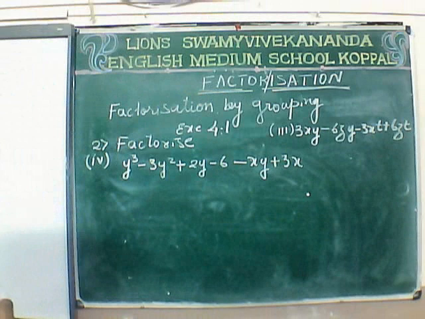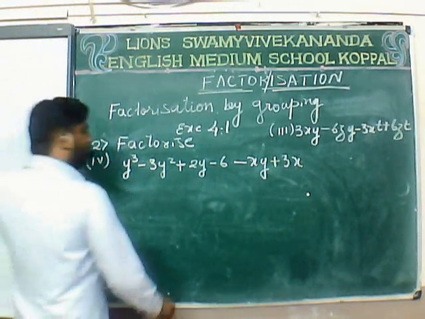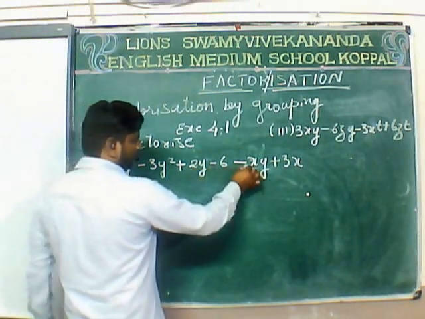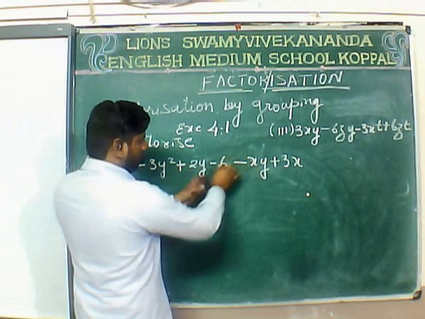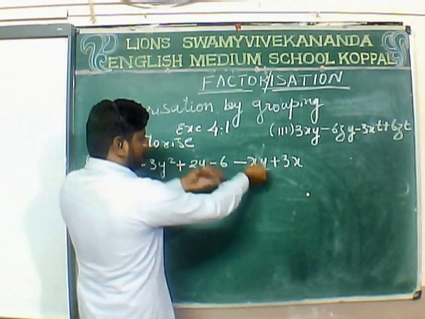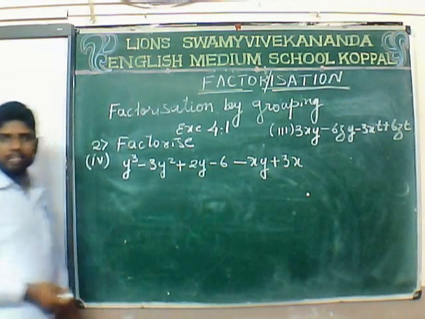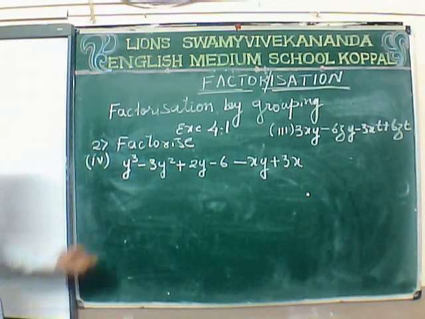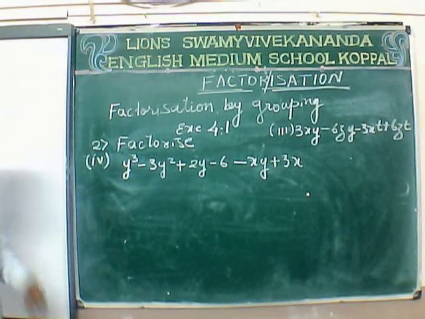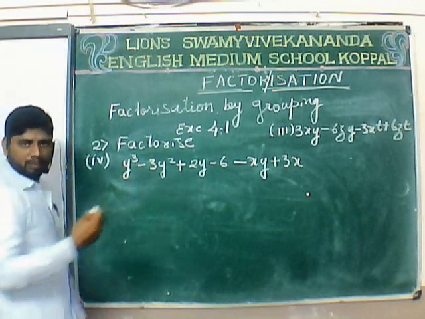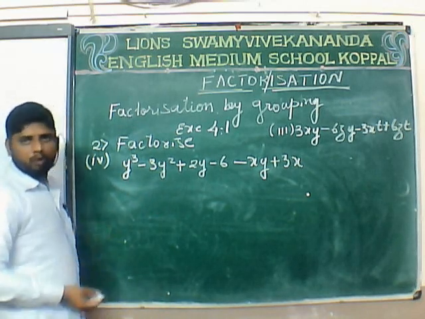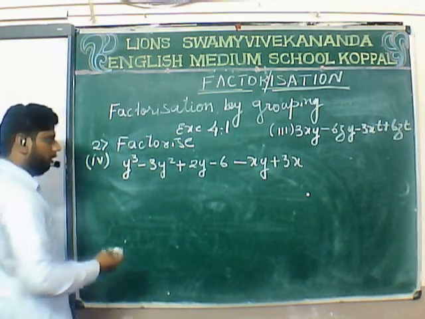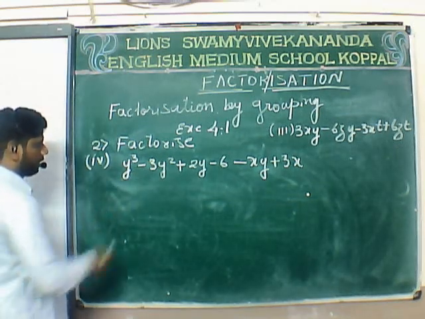For this, we can rearrange: 2y and minus xy can be interchanged, minus 6 can go there, and minus xy can come here. But we can also do this without rearranging. The last problem which I solved can also be solved without rearranging. Let us see how to do it.